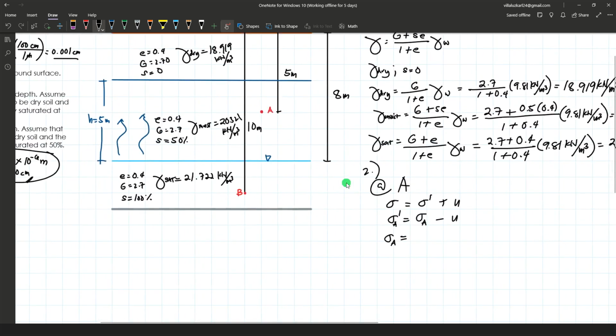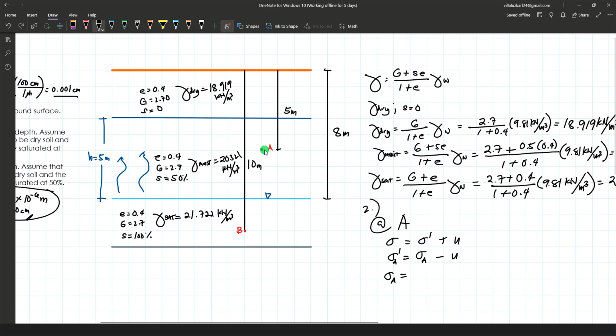For the total stress, at point A, it's right here. So we have two layers to be considered in determining the total stress. We have the dry soil layer, and this layer right here, which is partially saturated due to capillary action. It's said there that it is 5 meters below the ground surface.